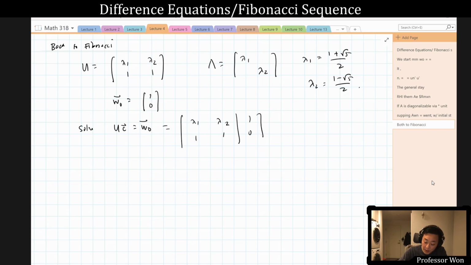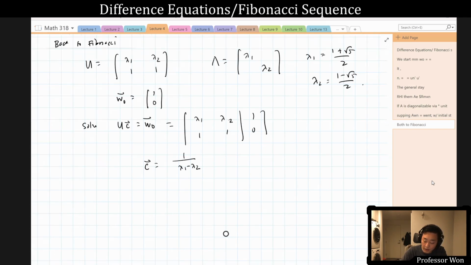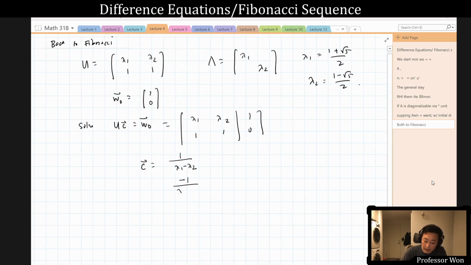And we could actually compute that c is equal to 1 over lambda 1 minus lambda 2, negative 1 over lambda 1 minus lambda 2. It's a reasonably nice vector. You could actually check this: you just make sure that these are the coordinates of 1, 0 with respect to the eigenbasis.